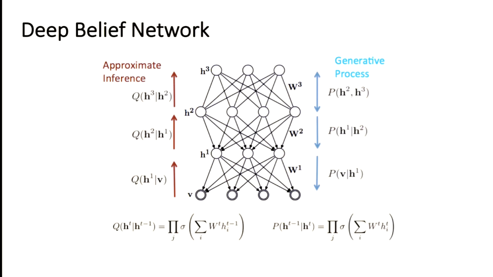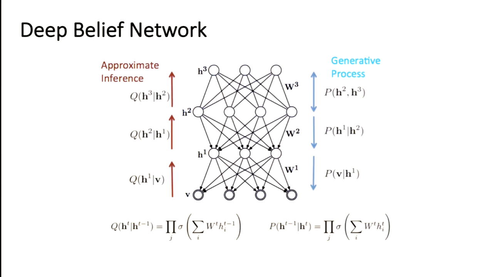Once you have that, this hidden unit acts as the visible units for this layer of RBM, and you can get the probability distribution of H2 given H1 and so on and so forth. And for the generative process, once you have the joint distribution, this joint distribution can be learned using what we have seen, the contrastive divergence or persistent contrastive divergence.